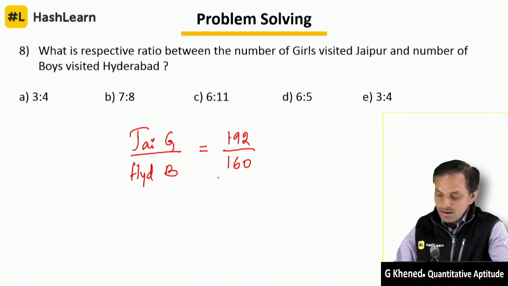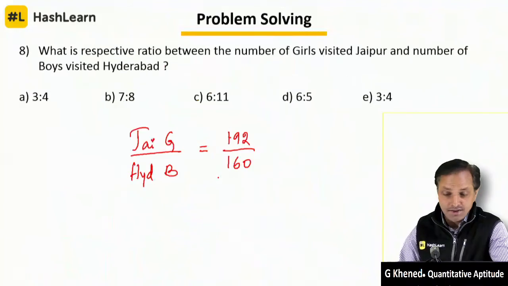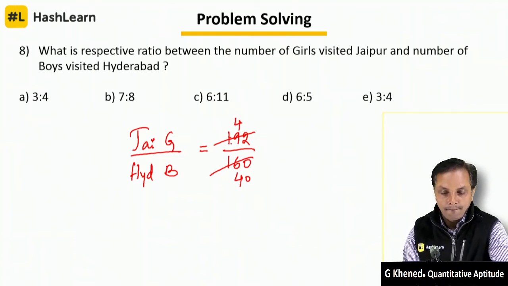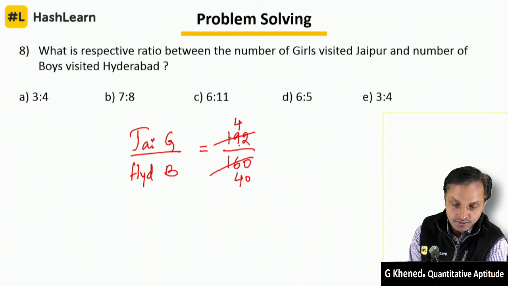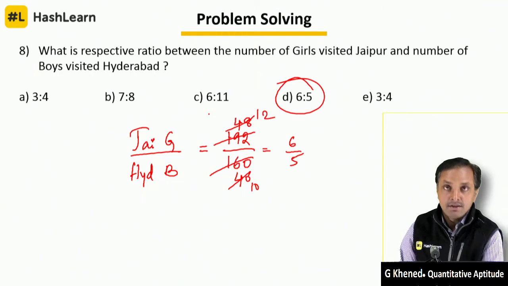Jaipur girls is 192, Hyderabad boys is 160, that is right. And do the simplification, 4 4s are 16, and 0. Then 4 4s are 16. Then 4 2s are 8. That will give you 6 by 5, which is option D.